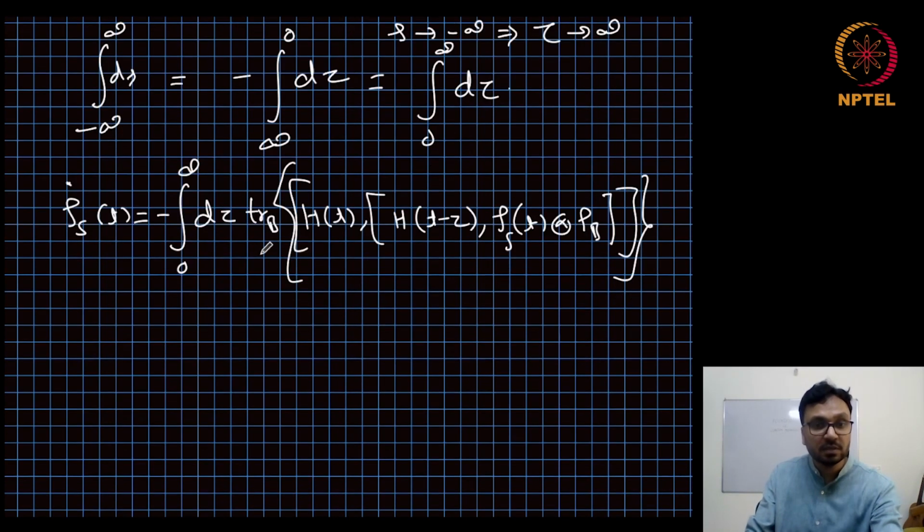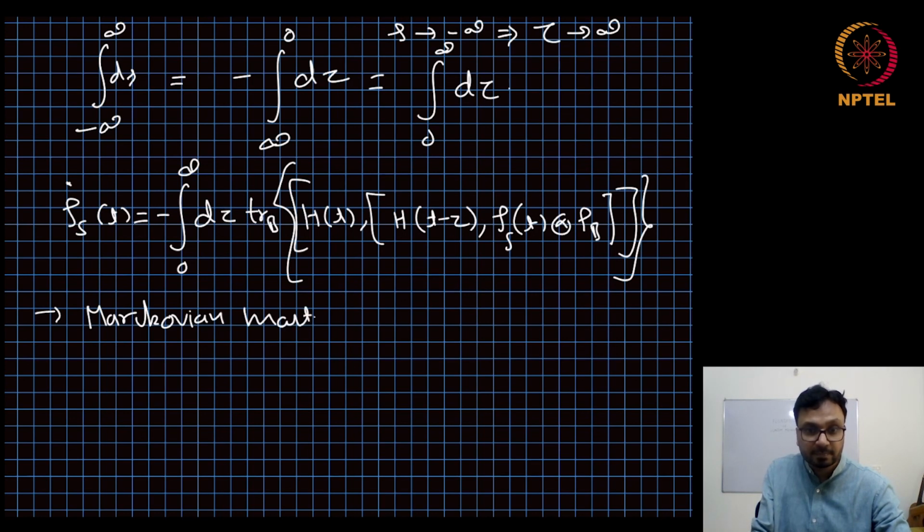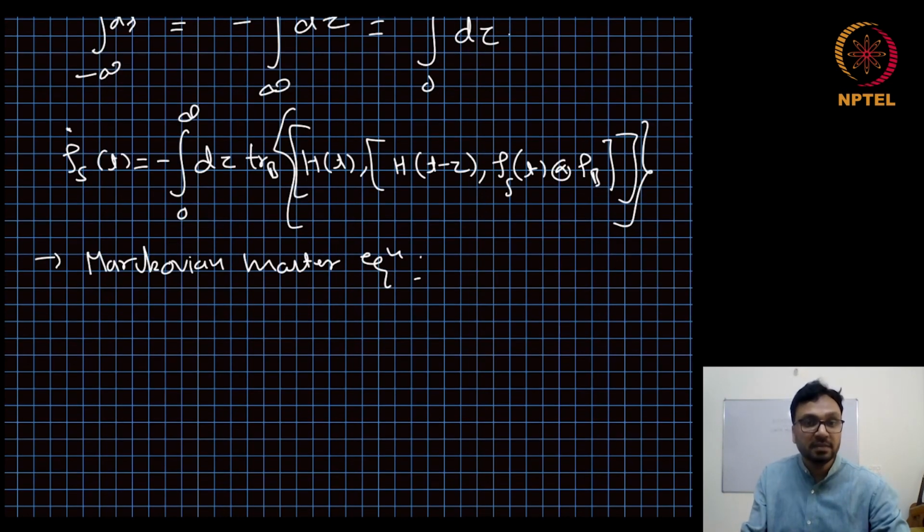So this is our dynamical equation when we substitute s with t minus tau, and we assume the bath correlation functions have fast decay. This is a Markovian master equation. And we reached this by using the Born approximation also, so it is also called the Born-Markov master equation.